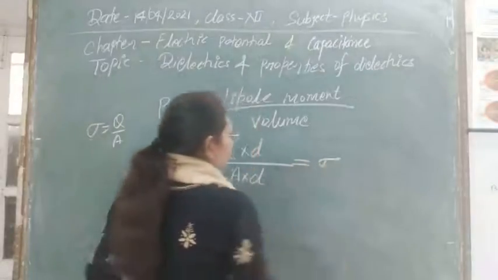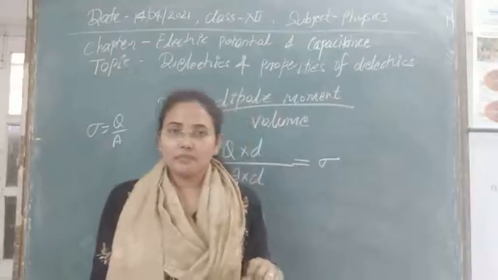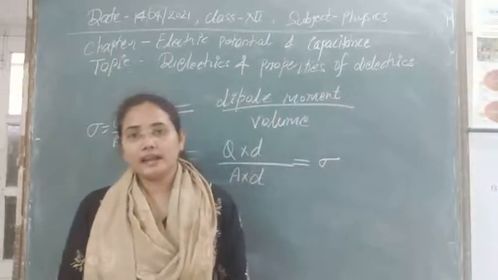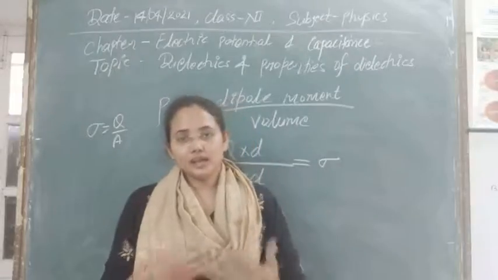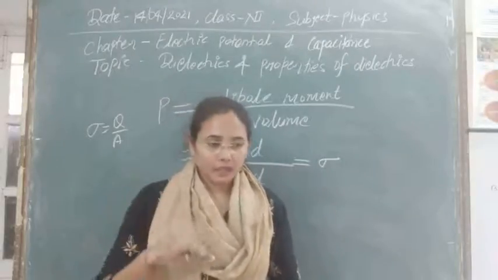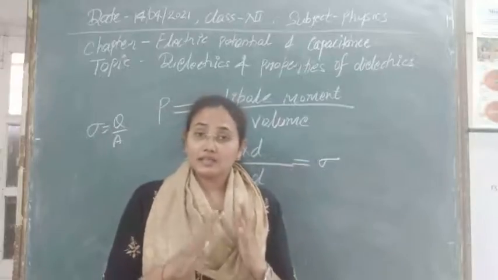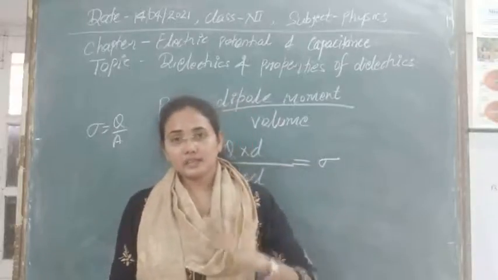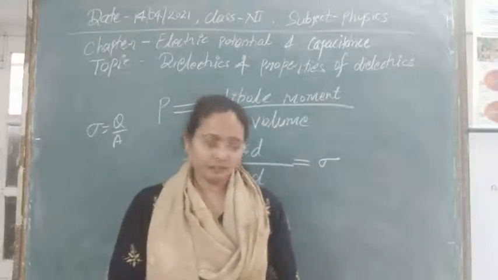So simply, polarization density is equal to the charge density induced on the dielectric slab. By calculating charge density, if anywhere the charge density is greater, it means there is greater polarization, there is greater opposition to the external electric field that is present there.